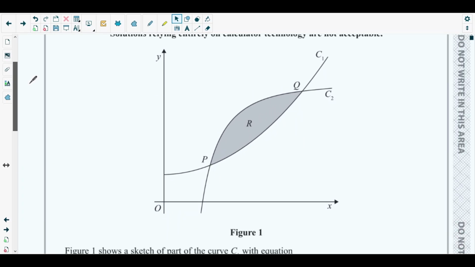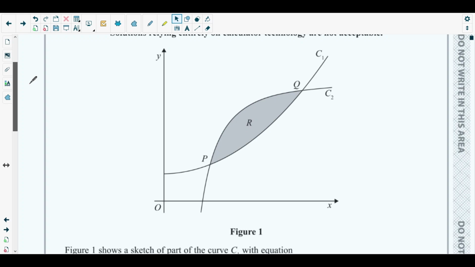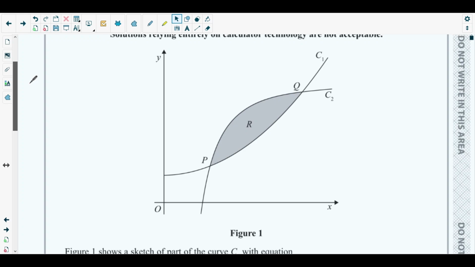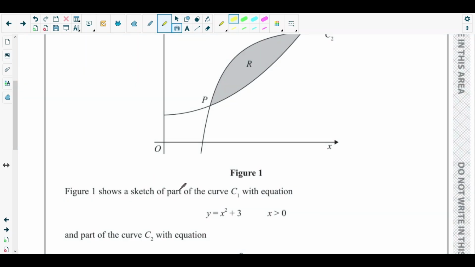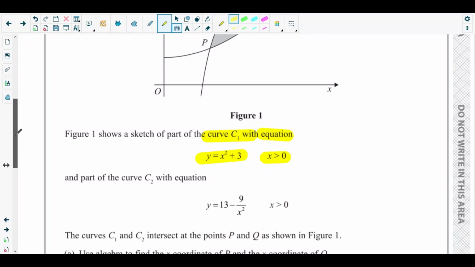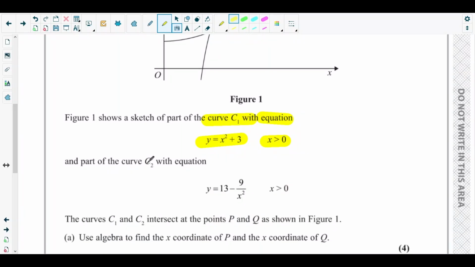At first, in figure 1, two curves have been sketched, curve C1 and curve C2. Figure 1 shows a sketch of part of the curve C1 with equation y equals x squared plus 3, and it is on the positive x-axis, that's why x greater than 0. And part of the curve C2 with equation y equals 13 minus 9 over x squared.